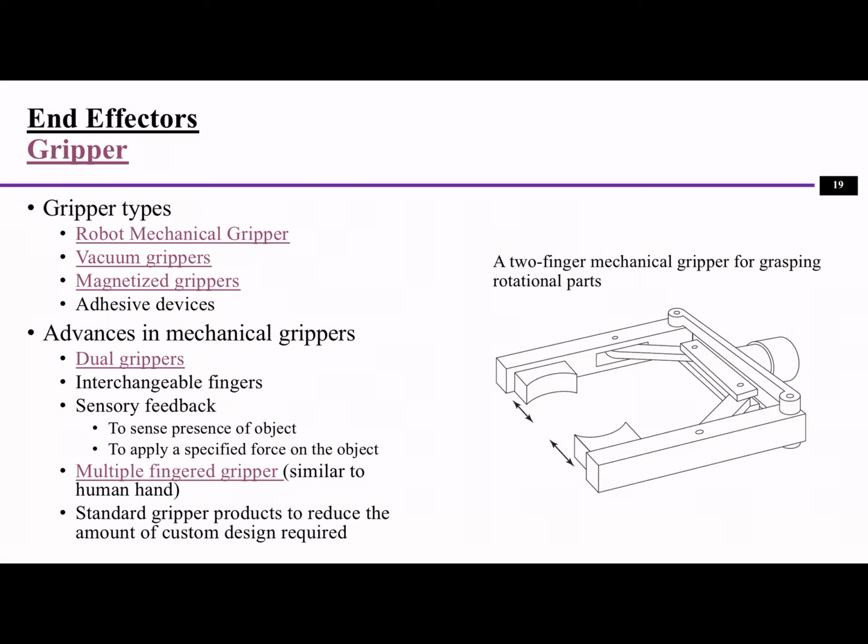And if we can keep a lot of things standardized, we will save the time and also can produce more robotic products. For some minor customizations, it does not need that much customization. So that's why standard grippers are always desired.